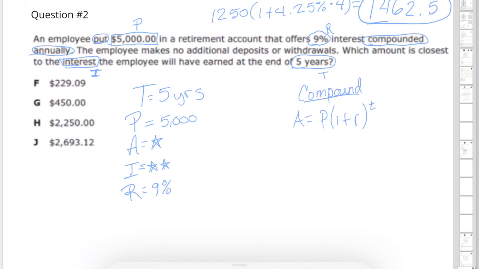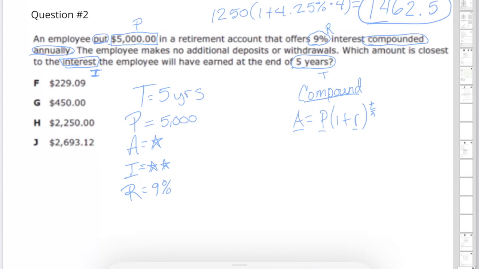And by little t, we mean exponent t. The way we put that in our calculator is you use the little caret, and then you type in the number for the time, right? So my next step is to place my numbers in here. I have a place for A, P, R, and the little t. I need to fill those in.